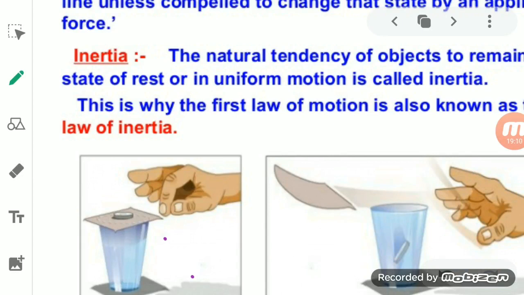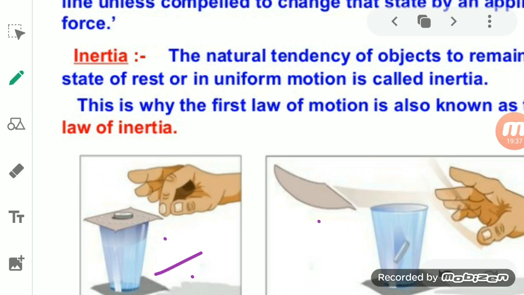Now if you place a coin above this card in the middle, this is the situation. A glass tumbler is there, we put a square cardboard and we place a coin in the middle of this card. Now if you flick the card hard with your fingers, on flicking, what happened?